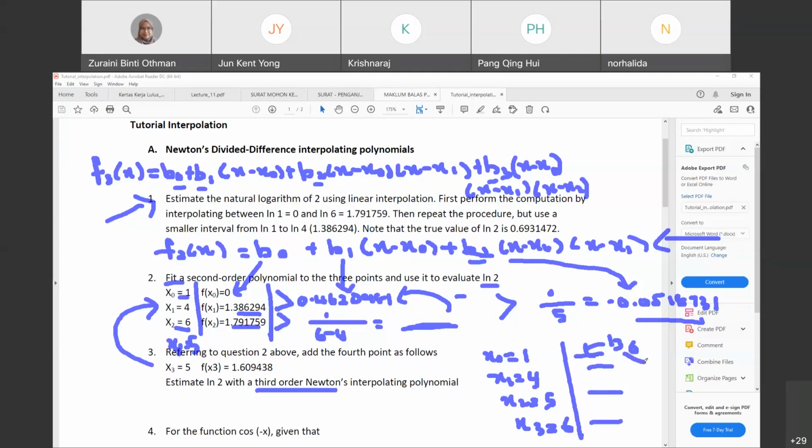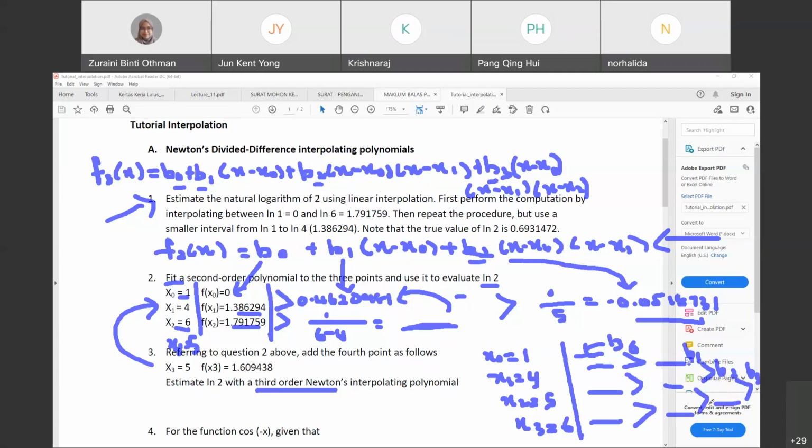By using these 2 points, you get B1 and you have to calculate this. So between these 2 points, you can get B2. But here you have to calculate also nilainya untuk dapatkan ini ialah B3.